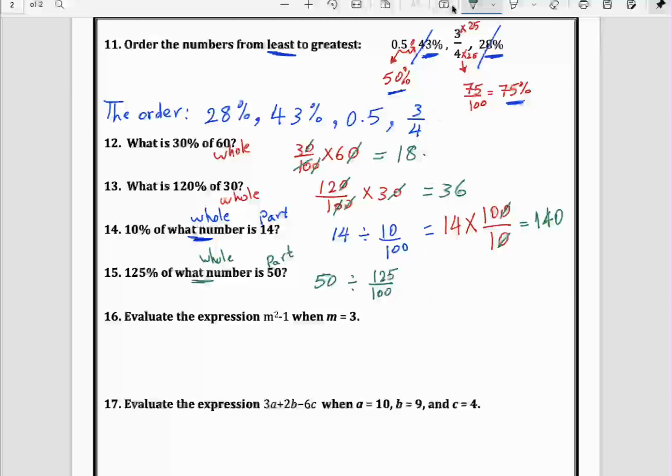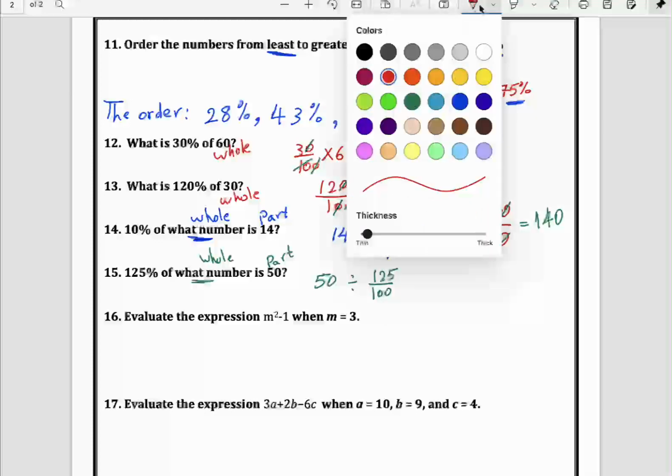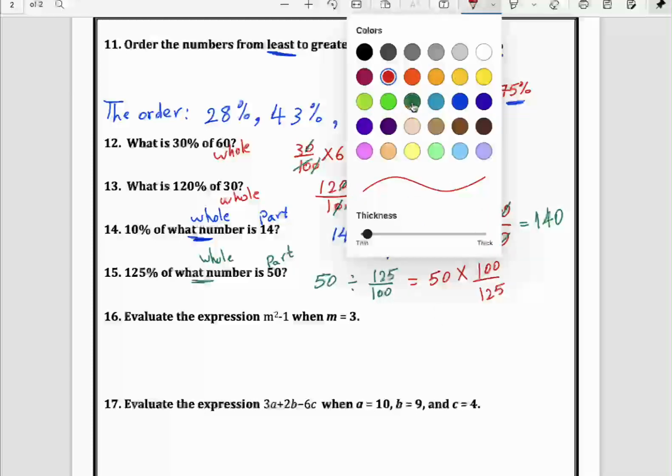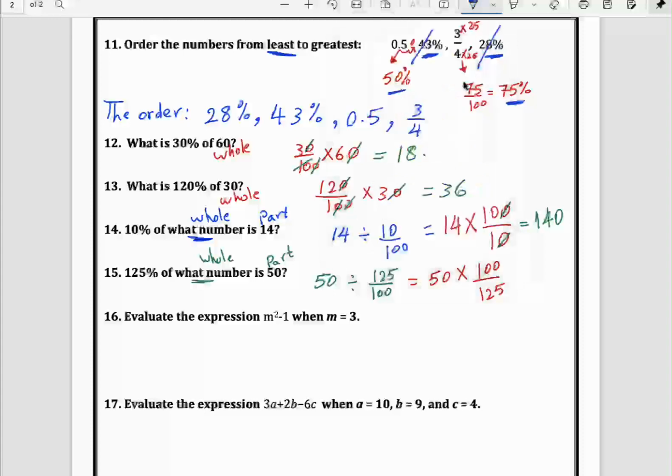And I will write it as a multiplication. So 50 multiplied by 100 over 125. Now I need to simplify this. I will divide 100 and 125, I need to do it in another way.